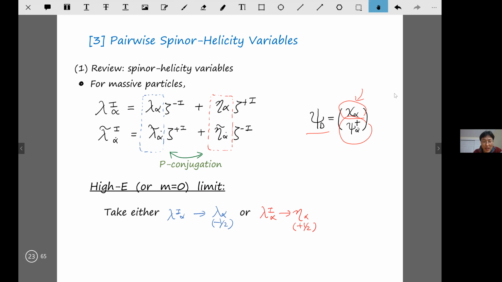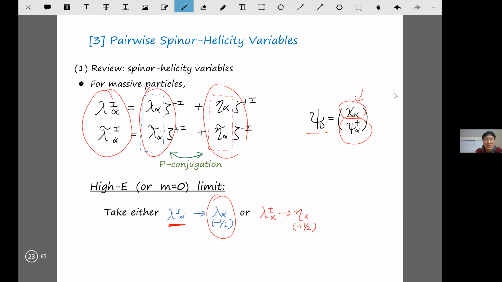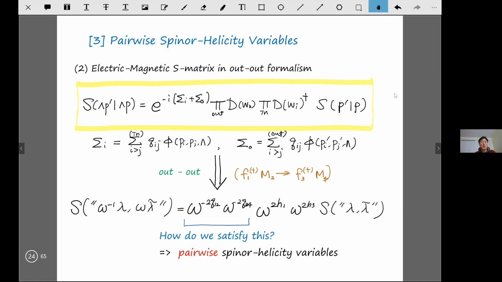Therefore, operationally, within the context of the S matrix, if you had an S matrix constructed out of massive variables, taking the high energy or massless limit is effectively either choosing this lambda variable, or taking the parity conjugate version of that. So that is operationally taking the massless limit. Okay, so that's so much about the massless and massive variables.